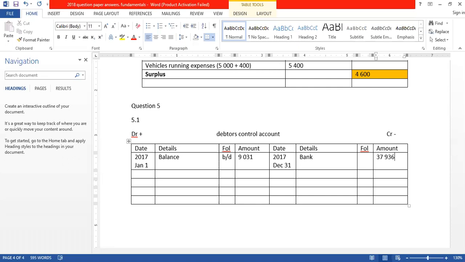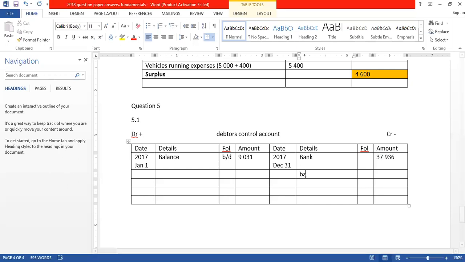Closing debtors is a closing balance, in other words. We said that information of 2016 is our opening balances, but information at the end of 2017 is our closing balance. Therefore 8,624 is the closing balance of debtors, and closing balances of debtors are recorded on the credit side.